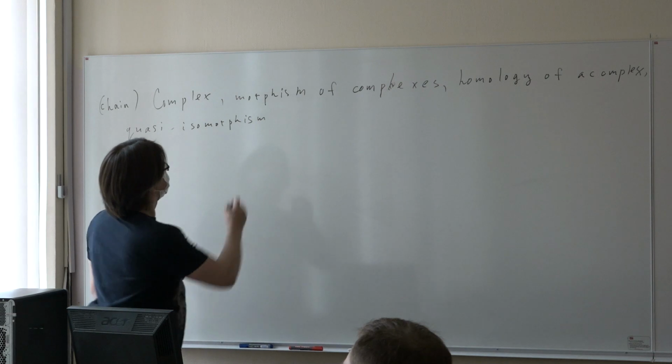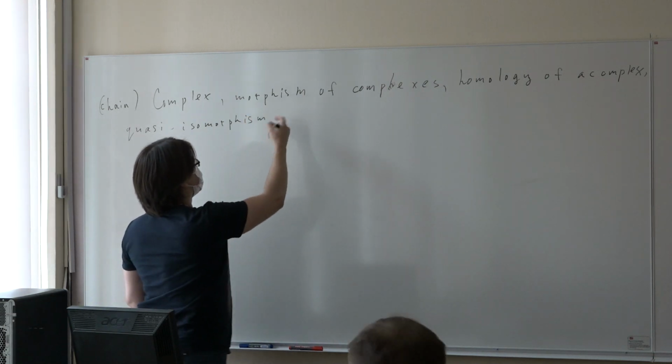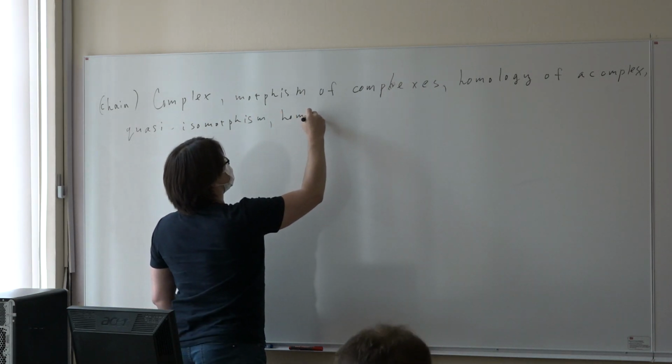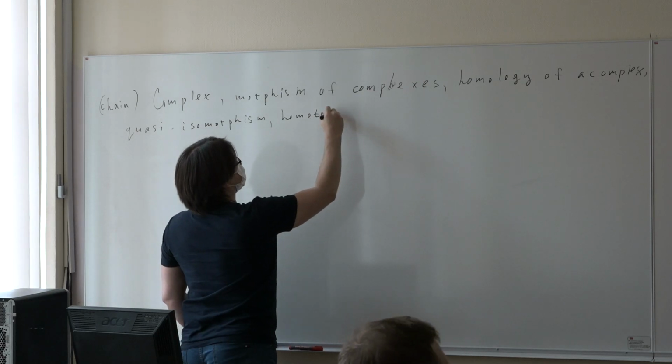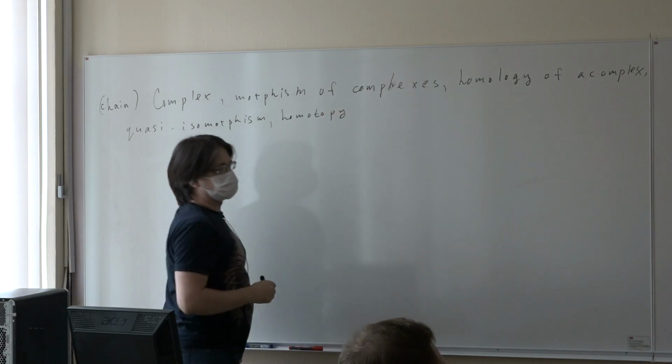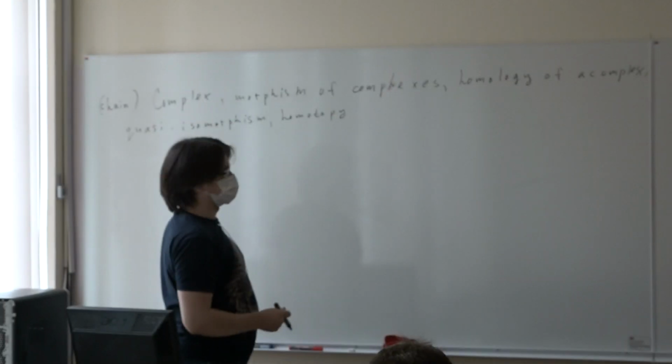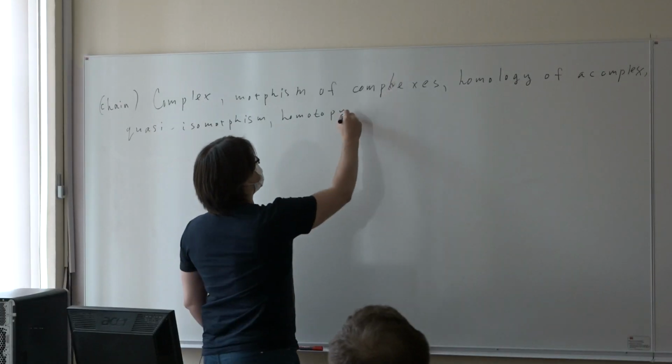What is a homotopy between two morphisms of complexes? So if there is a homotopy between two morphisms, these morphisms are called homotopic.